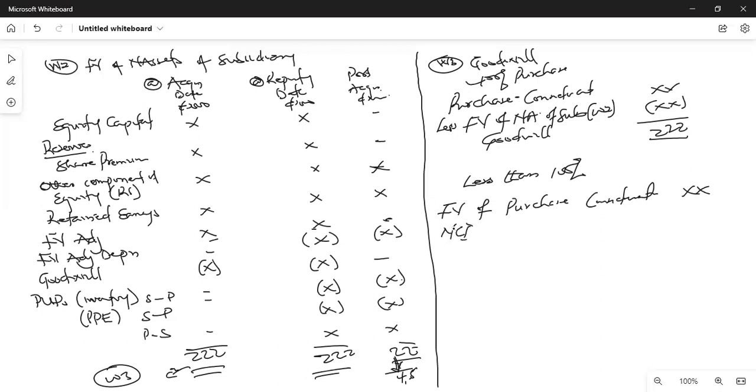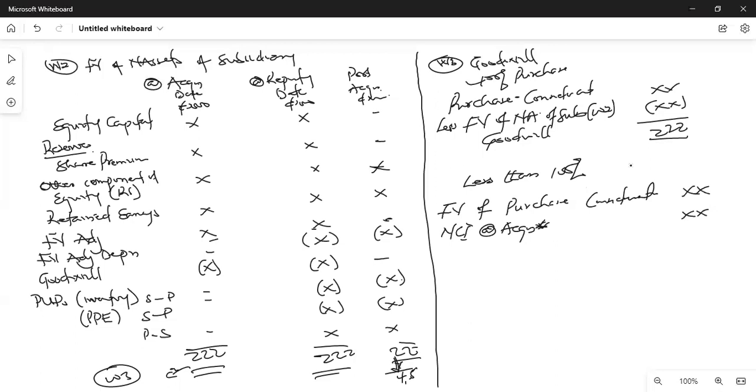When I say NCI, I mean non-controlling interest at acquisition. And I'm going to talk about this very soon, because there are two methods of determining this. We have the proportionate method and the fair value method. So I'm going to give you the scenarios for each method, because if you apply any of the methods, it has consequences. So you need to be aware what that will bring into the picture.